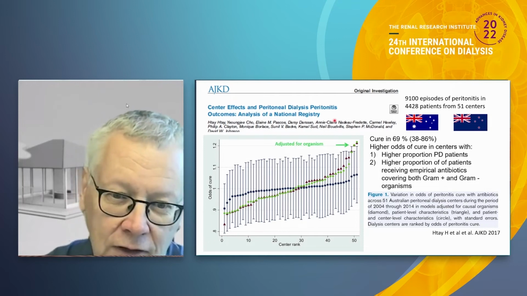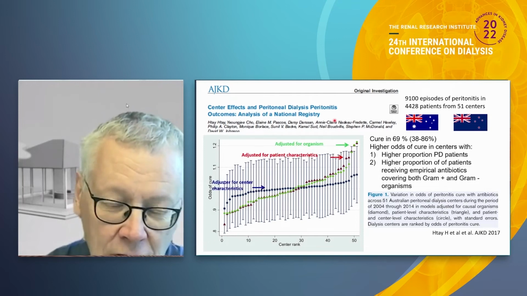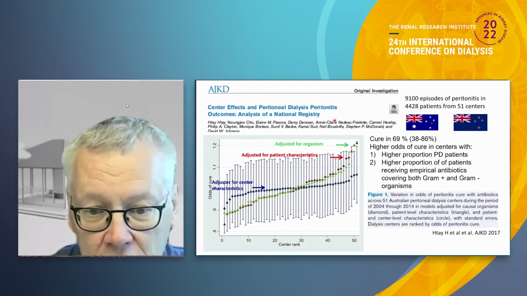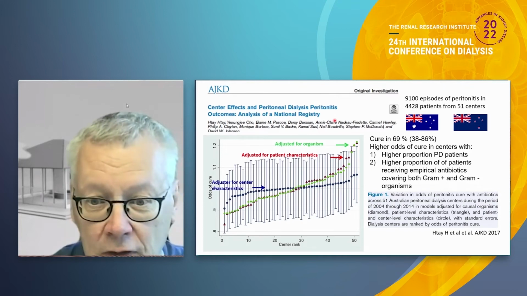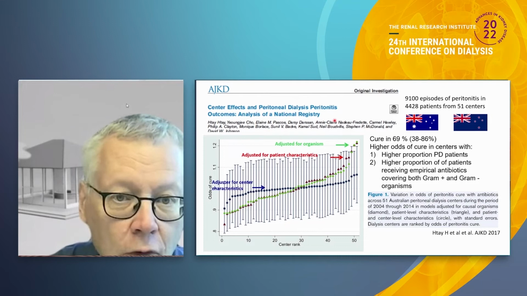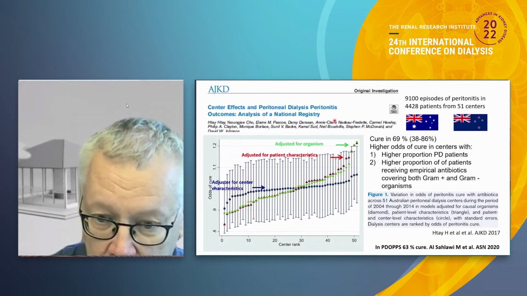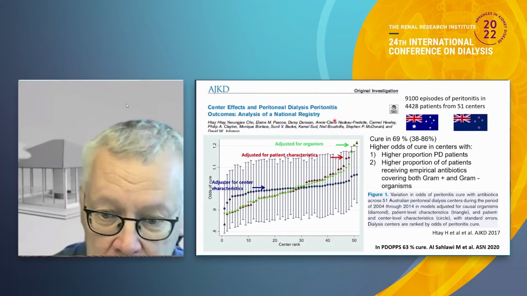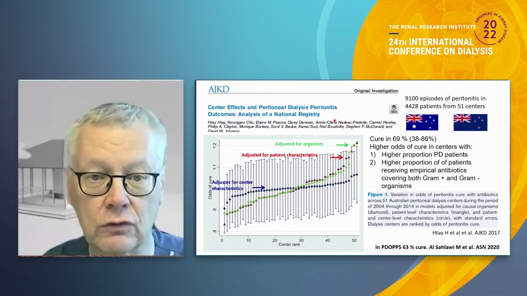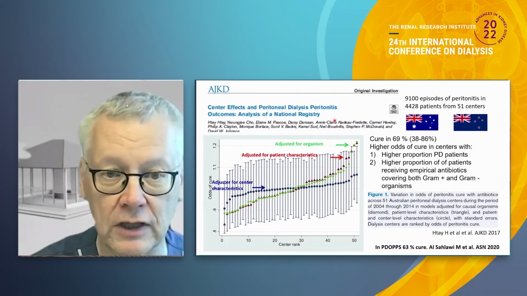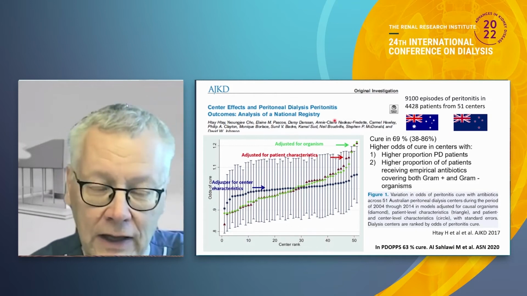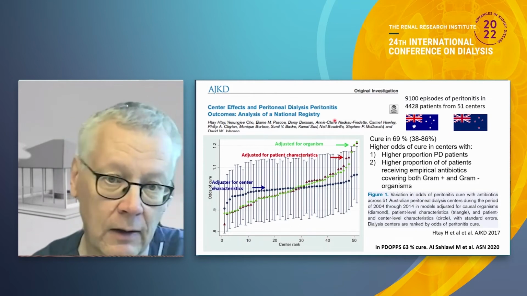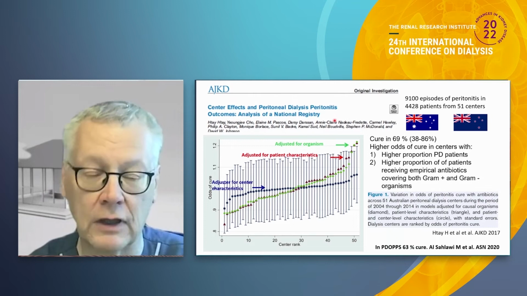Adjusted for organism, patient characteristics, and center characteristics, there is not so much difference between the centers. So it's important to follow the guidelines. But still, they only had 69% cure in Australia and New Zealand. From PDOPPS, they had 63% cure. So quite a large proportion of the patients don't have cure, and that ends up in catheter removal, technique failure, or death.